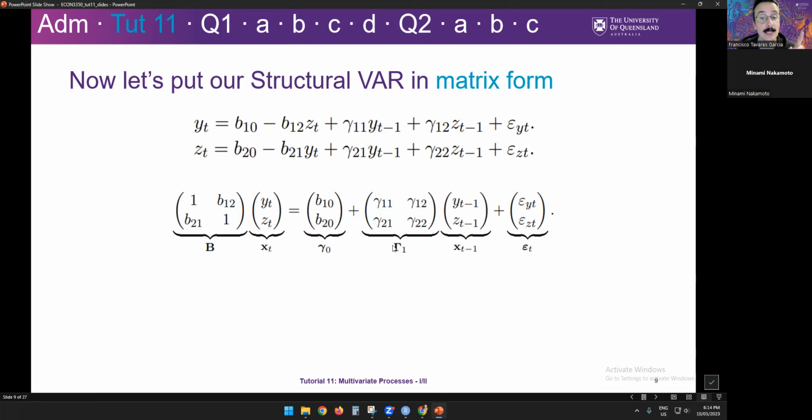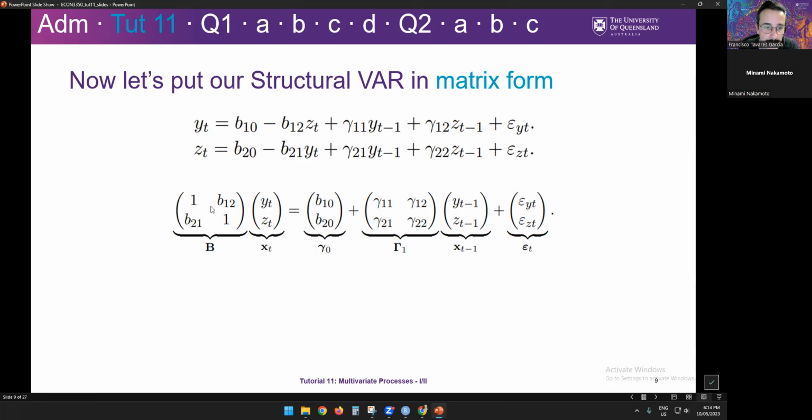Capital letters, this is a capital sigma, this is a capital gamma, will be matrices, while lowercase bold letters will be vectors. Okay, just basic stuff. But we can write this equation as capital B of xt equals gamma 0 plus gamma 1 times xt minus 1, just the lags, plus epsilon t.